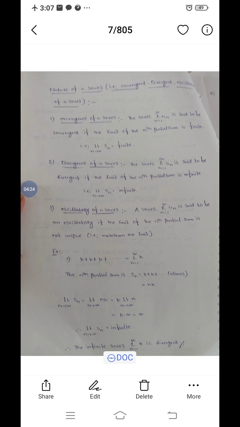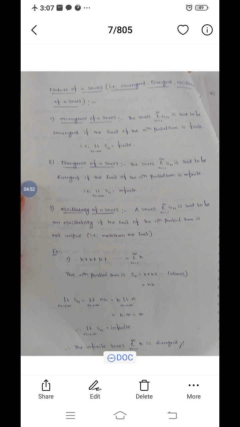Next, divergence of a series: when the series is said to be divergent. Let us consider the given series summation n equals 1 to infinity un. Now I am taking the nth partial sum, let it be Sn. If we apply the limit to that nth partial sum and get the value infinity, then it is called the divergence of a series.